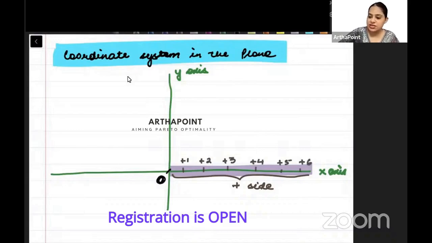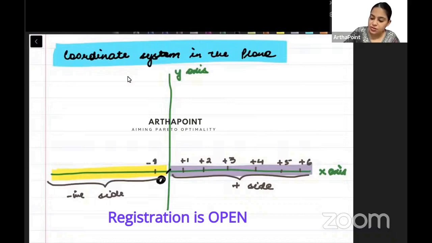Positive side of the x-axis. But whatever will come here, इस side जो भी आएगा, that will be the negative side of the x-axis. माने -1, -2, -3, -4, -5 and so on.